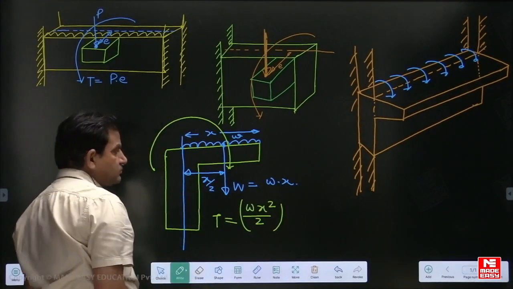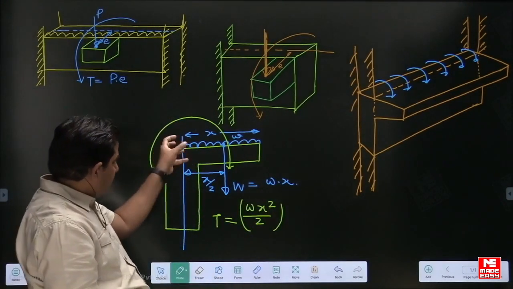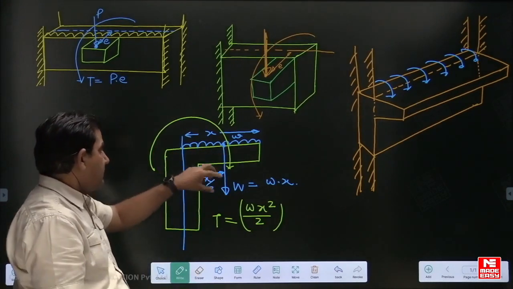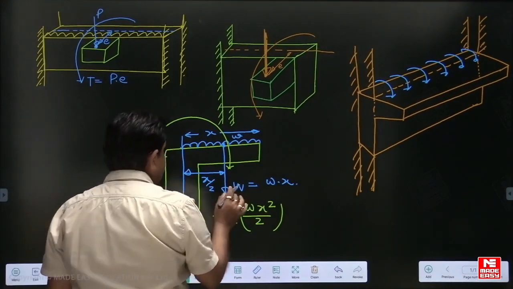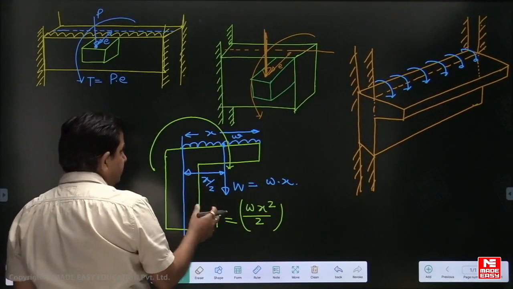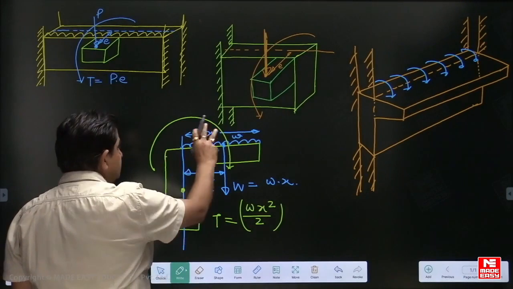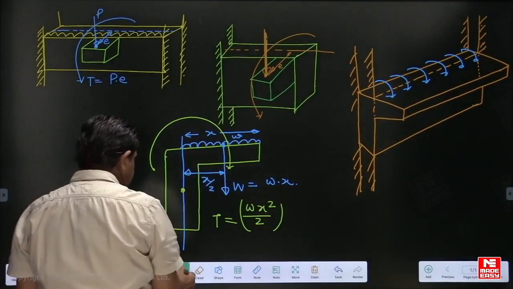This Wx square by 2 is actually the negative bending moment due to this cantilever that will create torsion in this beam.